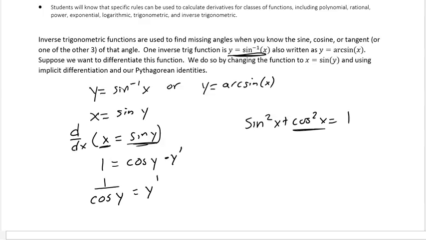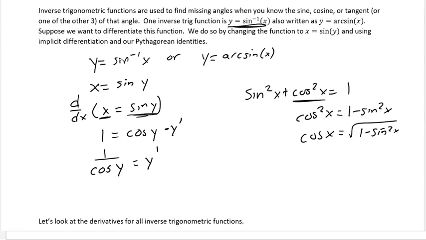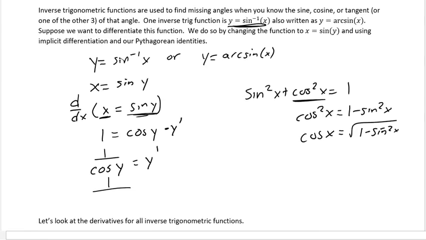So if I subtract sine squared from both sides and then take the square root, I'd have cosine equals the square root of 1 minus sine squared. So if I replace this, then 1 over the square root of 1 minus sine of y squared.